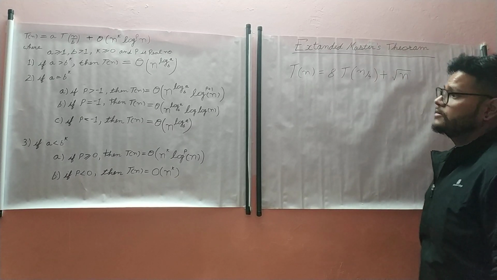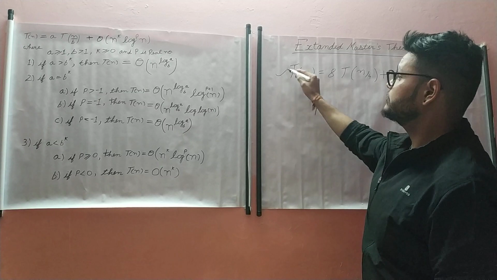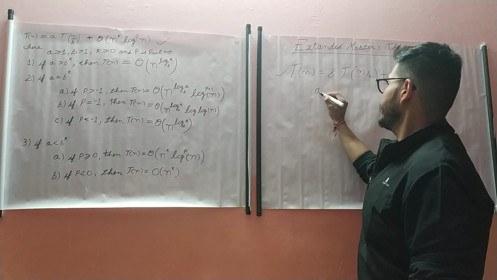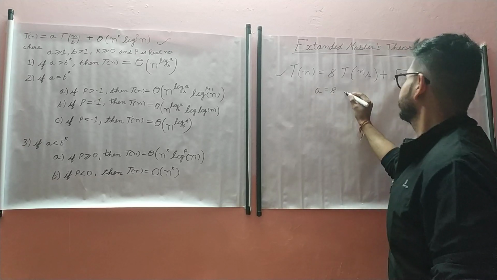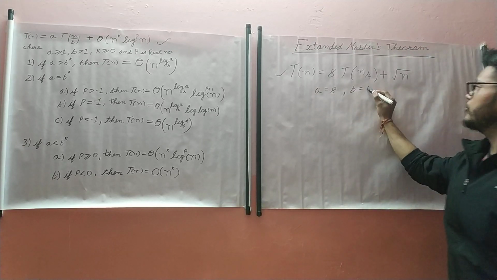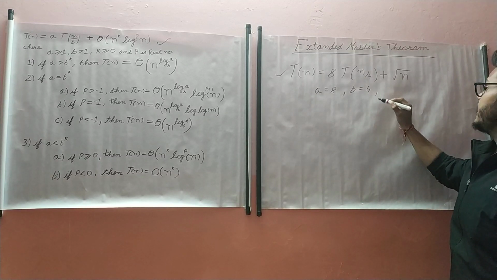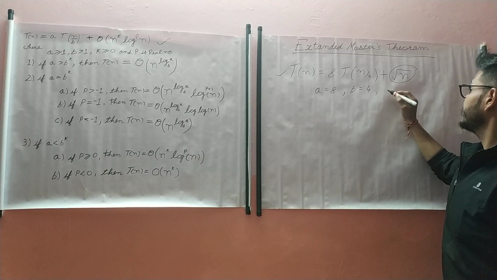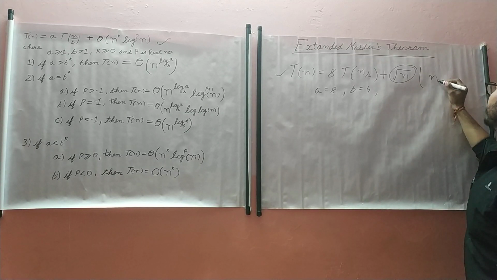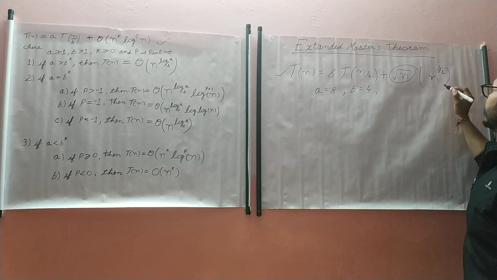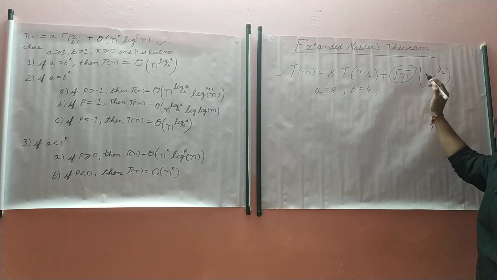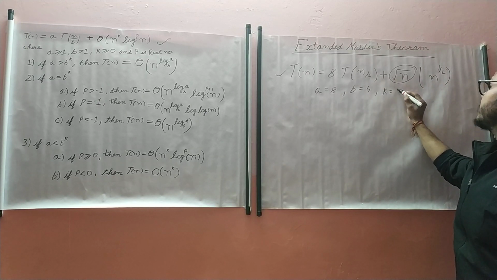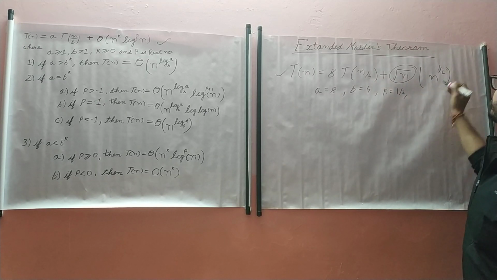Again, by comparing this equation with the form we get a = 8, b = 4, and here root n. We can write root n as n^(1/2). So by this we can say that k = 1/2 and again p = 0.